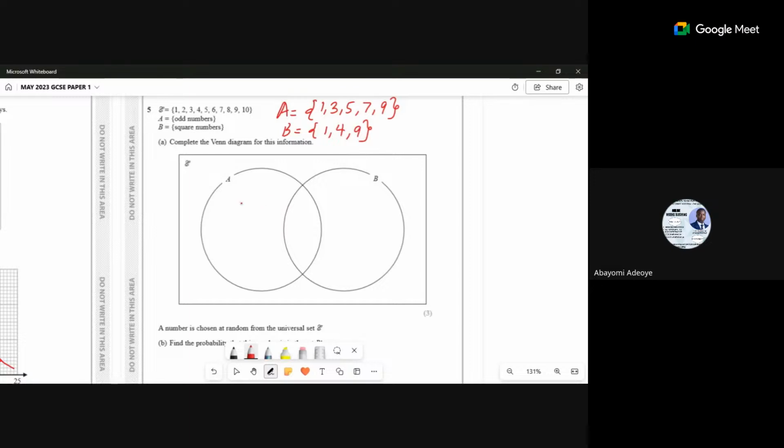Now, this diagram is called the Venn diagram. What's this middle region called, where you put things that are the same? So what do you put here? Look at A and B: 1 and 9. What are the remaining elements in A? 3, 5, and 7.